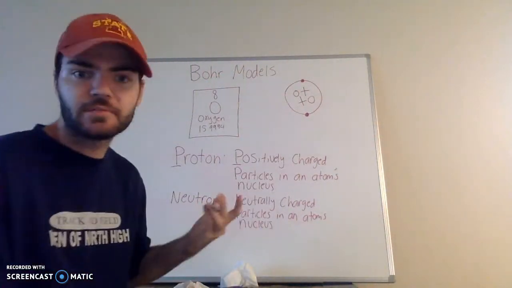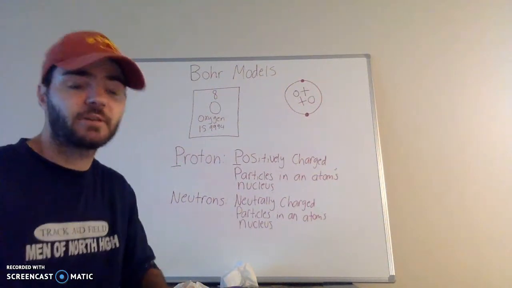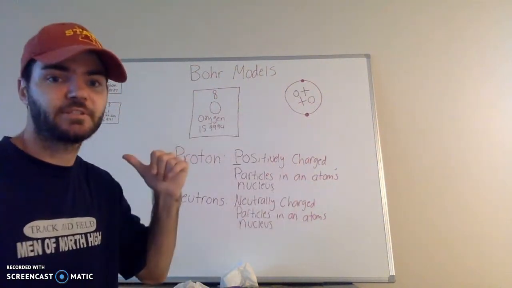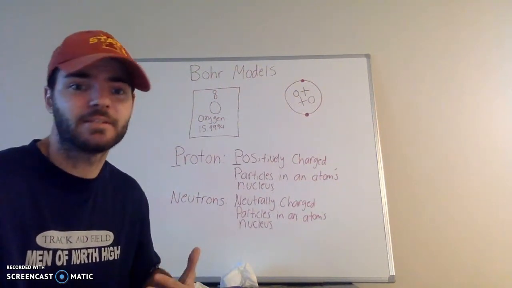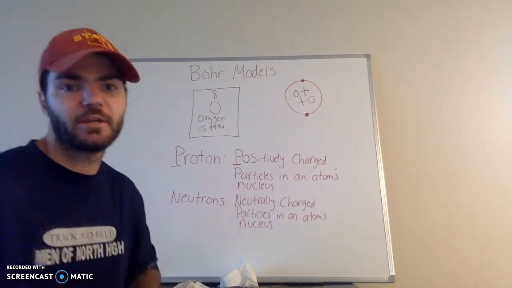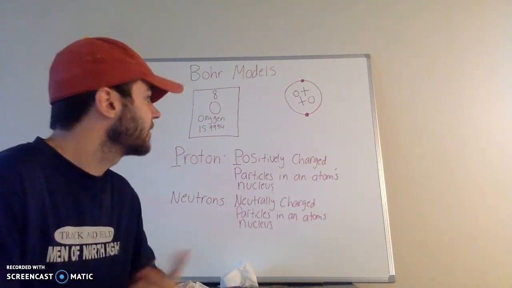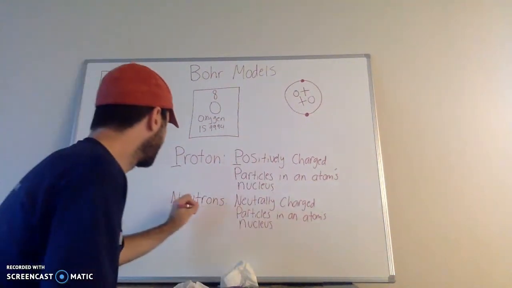I'm going to use zeros to represent neutrons because, again, neutrons aren't positively charged. They're not negatively charged. They're neutral. And I think of the number 0, right? 0 is not necessarily positive. It's not necessarily negative. It's just kind of right in the middle. So that's why I use zeros to represent neutrons. They are neutral.